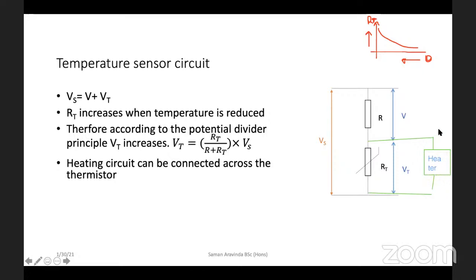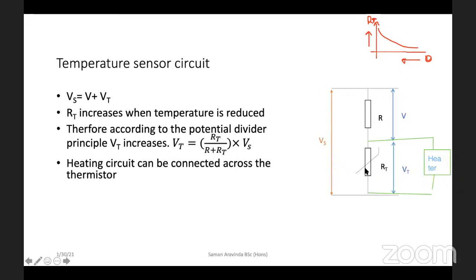The heater works only when it has 5 volts through it. When the voltage across the thermistor is 0 volts, the heater doesn't work. When the voltage across it is like 2 volts, it doesn't work. Only when the thermistor potential difference becomes 5 volts will it start to work.